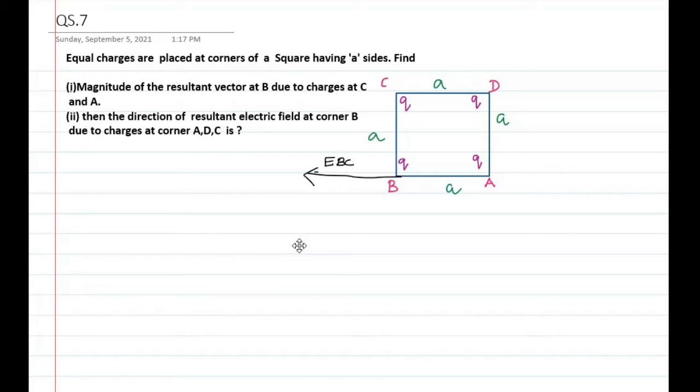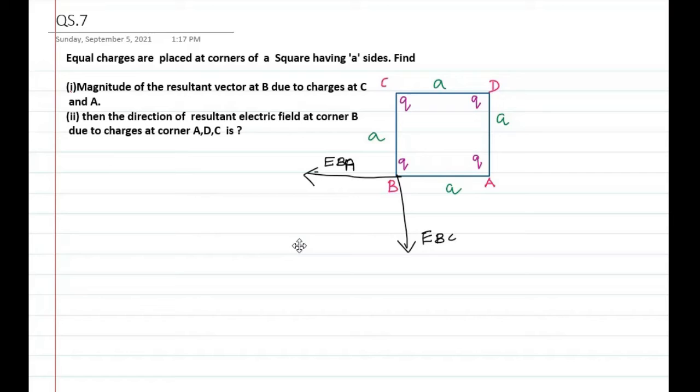Then due to C, again both are like charges, so B will again be repelled in this direction. This is EBA and this is EBC. So B is repelled by A along this direction and B is repelled by C along this direction.